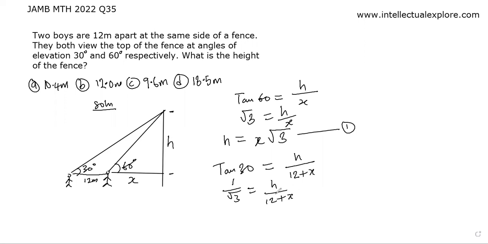So we try to make X the subject of the formula here. First, we do cross multiplication. So we have 12 plus X equals H root 3.